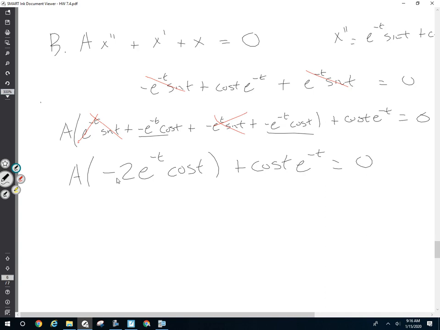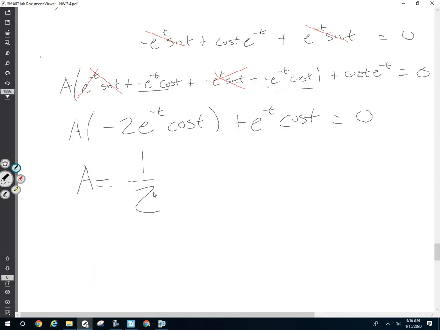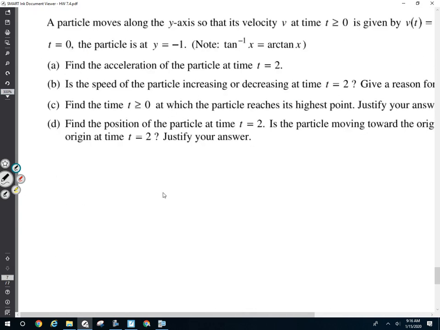For these to equal 0, let's write this so it looks nice, e to the negative t cos t. For these to equal 0, I need a negative 1. A has to equal 1/2. It's a tricky problem. You're probably not going to see something like this on your test. Last one.